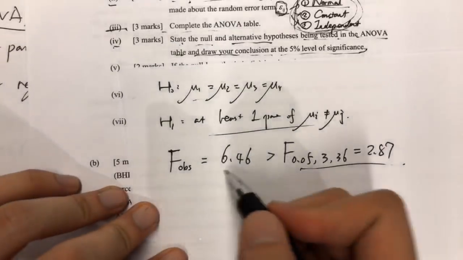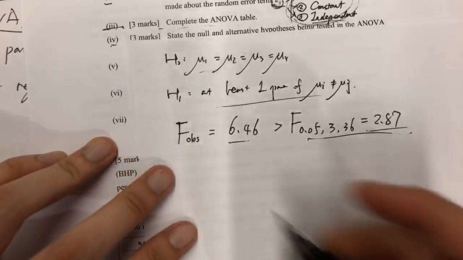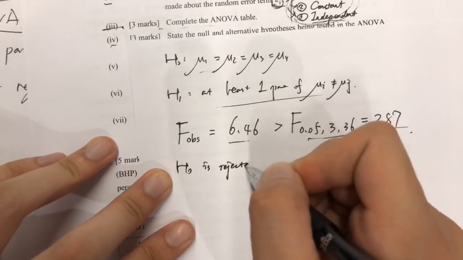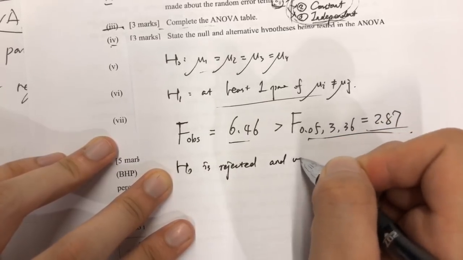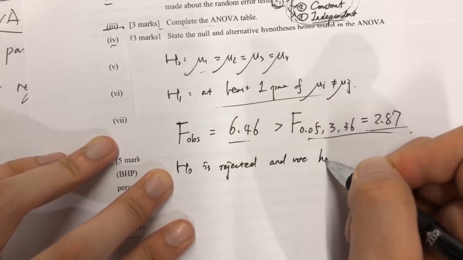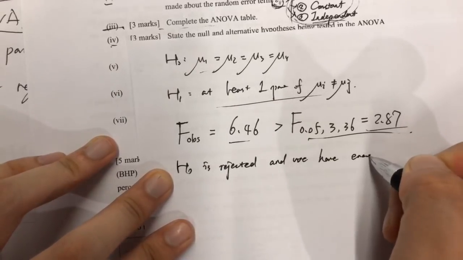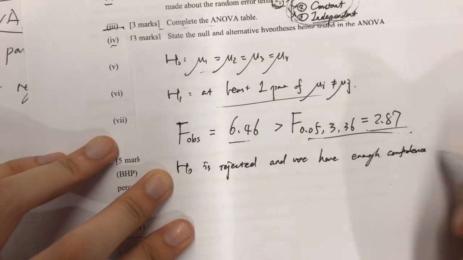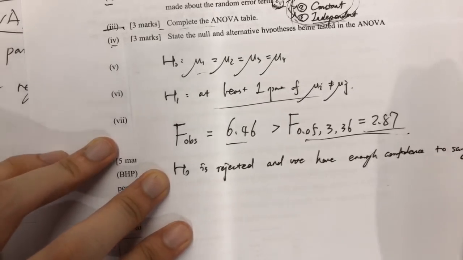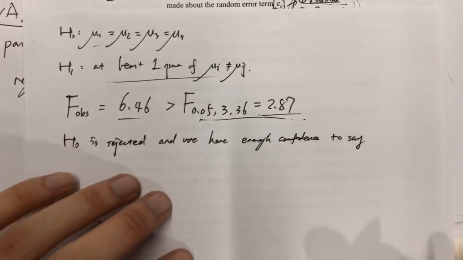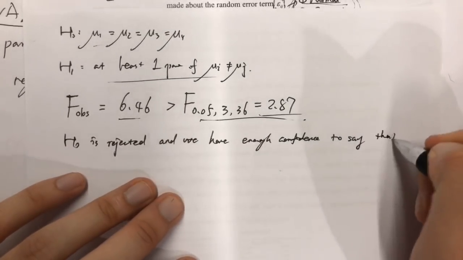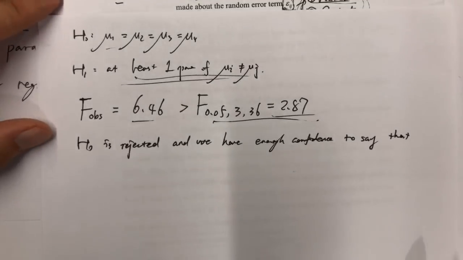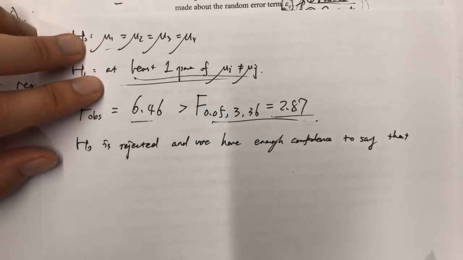So this one is greater than this one, therefore H0 is rejected, and we have enough confidence to say what? We have enough confidence to say that at least one pair of mu i not equal to mu j, or not all the population means are equal.